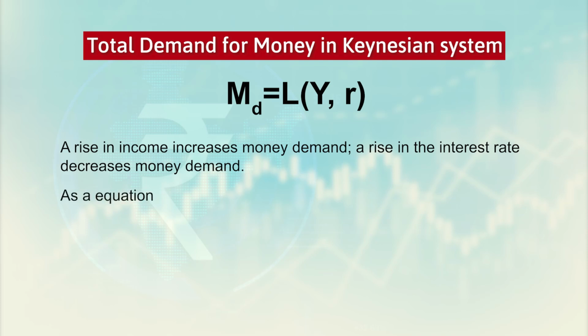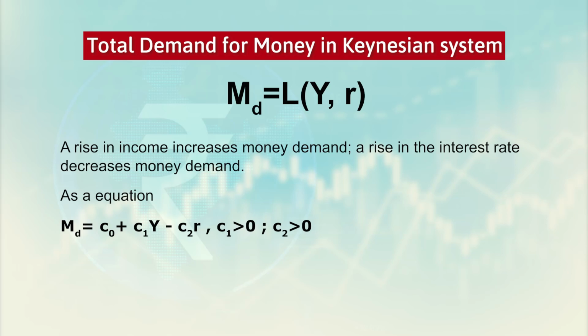So in equational form or in linear form, I may also write the money demand function following Keynes as follows. It is written as MD is equal to, students look at this equation very carefully, C0 plus C1Y minus C2R. I'm telling you again, one is plus, the other is minus.